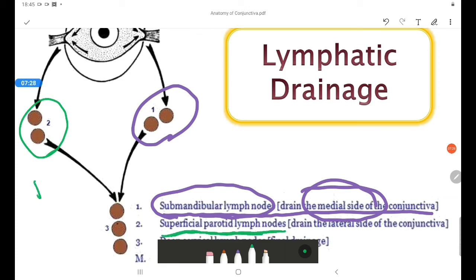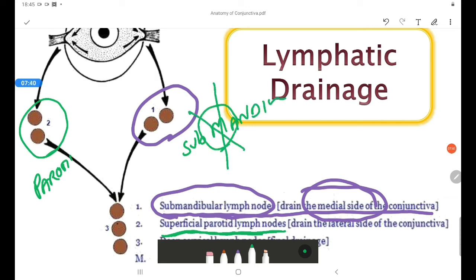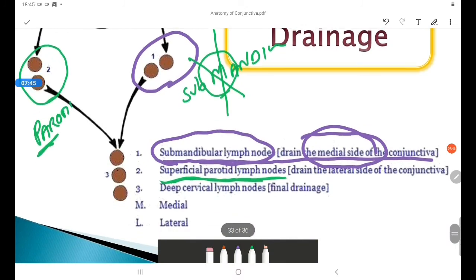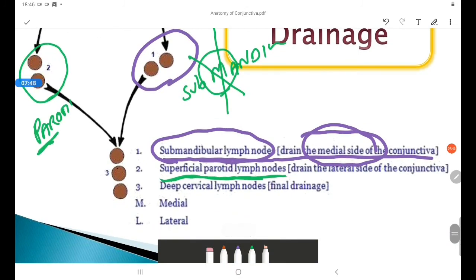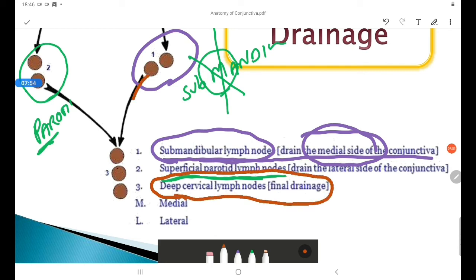So laterally you have parotid nodes, and here you have submandibular. So medial is submandibular, lateral is parotid. Now ultimately all drain into the deep cervical nodes from the medial and the lateral.